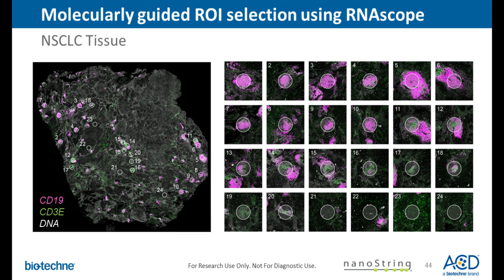Some regions had a higher degree of CD19 expression, while some regions had a high degree of CD3 expression. And this indicates the differential levels of immune cell infiltration within this lung cancer tumor. So the 24 regions of interest that were identified were a mix of high CD3, high CD19, and moderate expression of both targets.